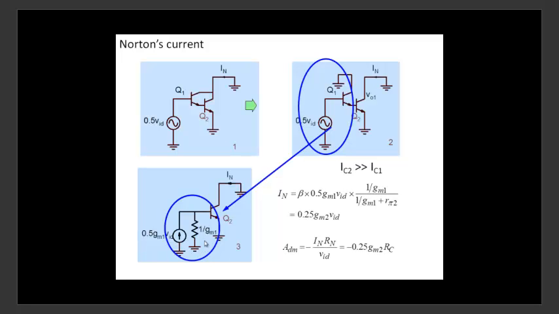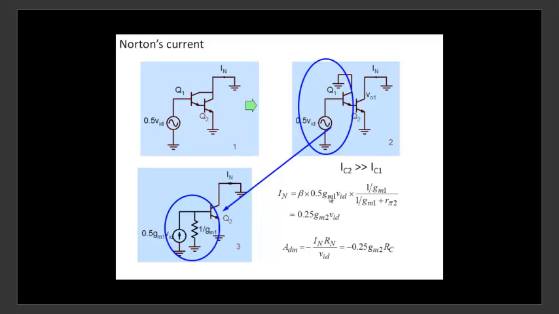As I said, there are many ways of doing it. What you can see here is that this current has two paths to flow through: 1 over GM1 or RPi2. So there is a current division, and that's what we are writing here. The fraction of current which flows into the base of this transistor would be 1 over GM1 divided by 1 over GM1 plus R pi 2, because the resistance of this one is R pi 2.